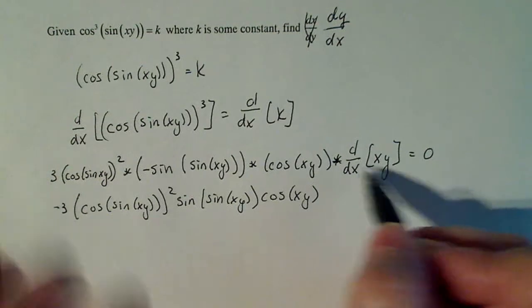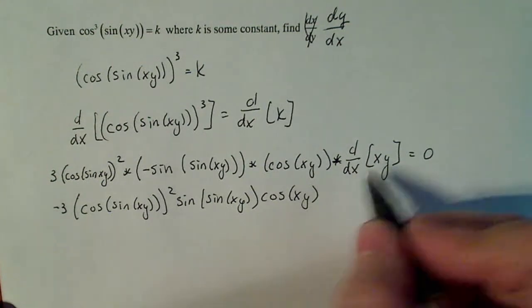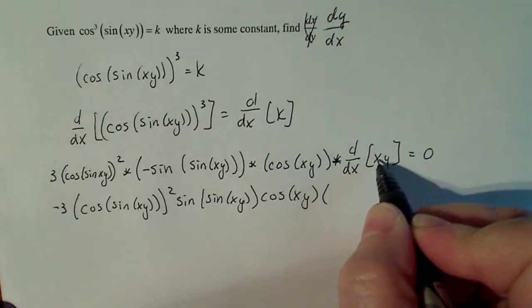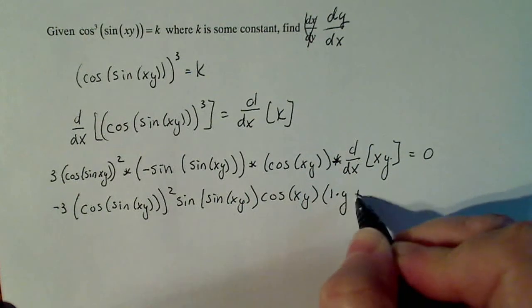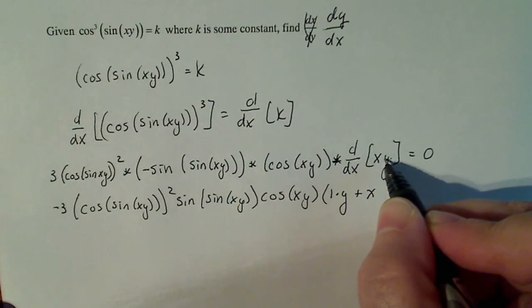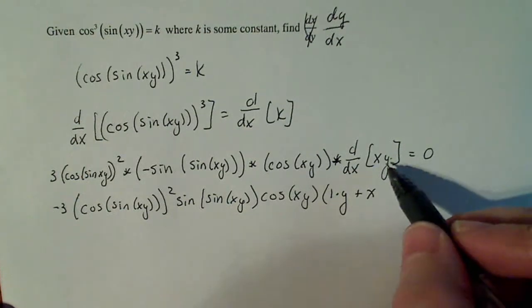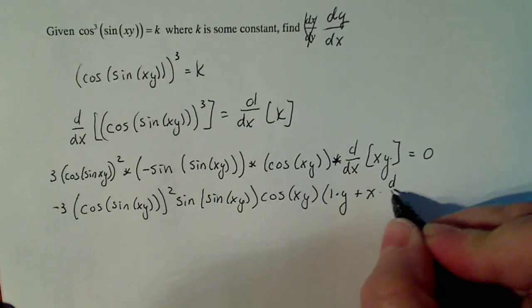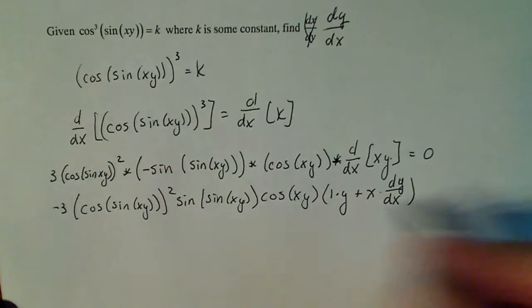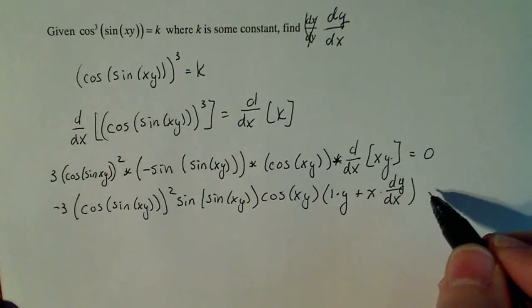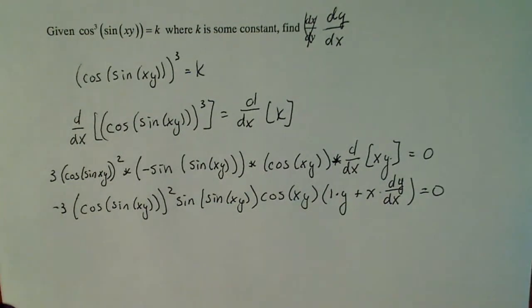Now, to take the derivative of this using the product rule, I take the derivative of the first function times the second function plus the first function times the derivative with respect to x of the second function. Now, these letters won't match when I take the derivative, so I'm going to take the derivative with respect to x of the second function. And there our dy/dx shows up. And then that's equal to 0.